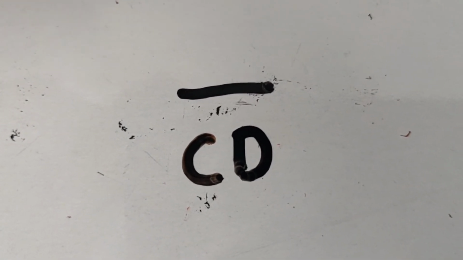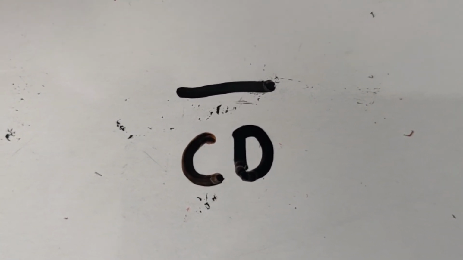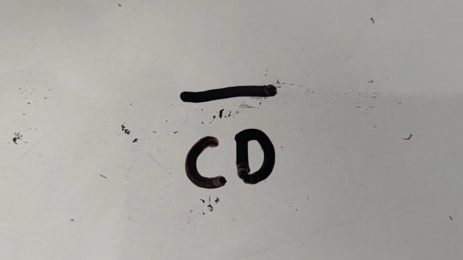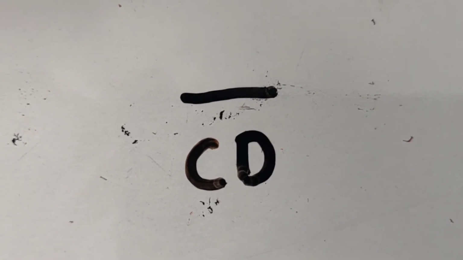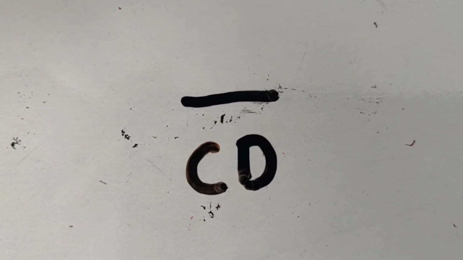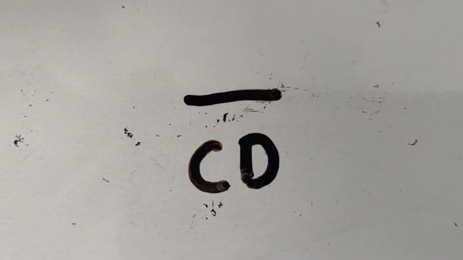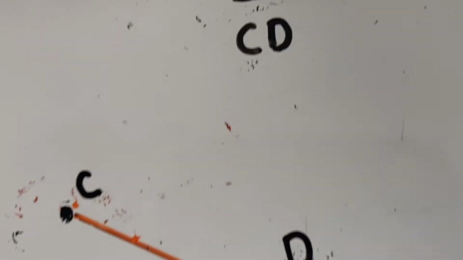So this is line segment CD. And notice we know that it's not line CD because the segment above doesn't have arrows on both sides going in each direction forever and ever. So this is line segment CD.